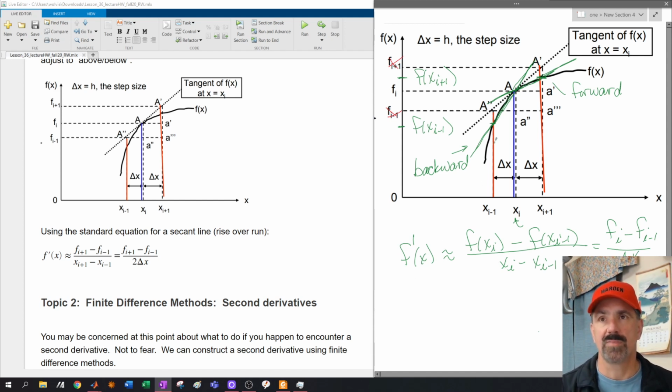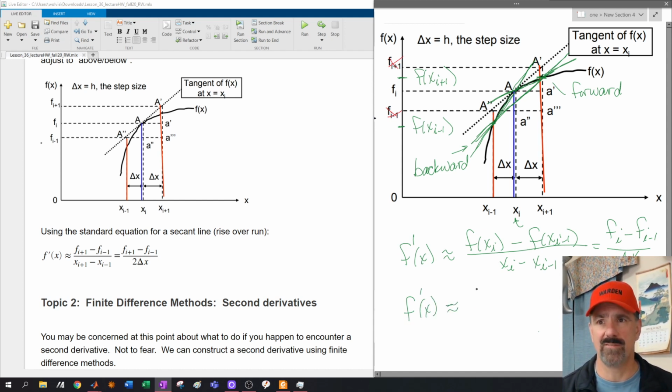And of course, if I average the forward slope and the backward slope, that's really tantamount to drawing a line that is secant through both of those. And you can see just from my crude drawing here that is a much better approximation to the actual slope at x sub i than either the forward or backward difference. And so that central difference, which I'll write in the shorthand version, is more accurate.